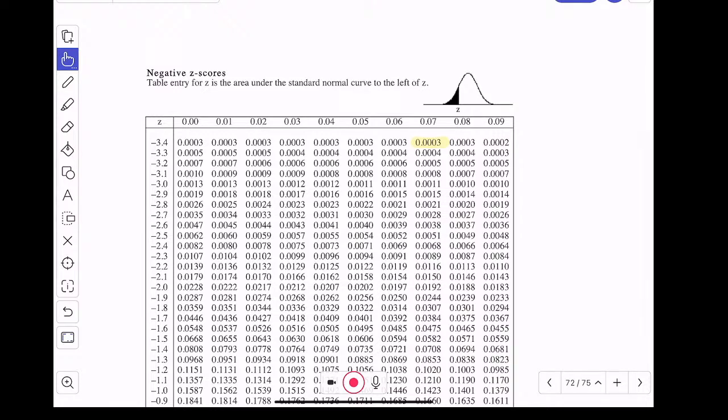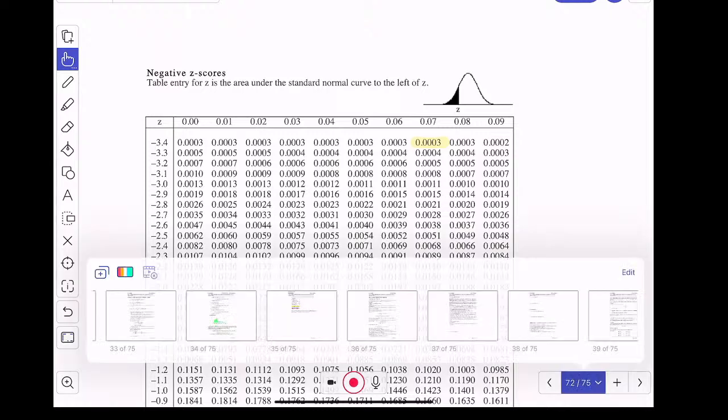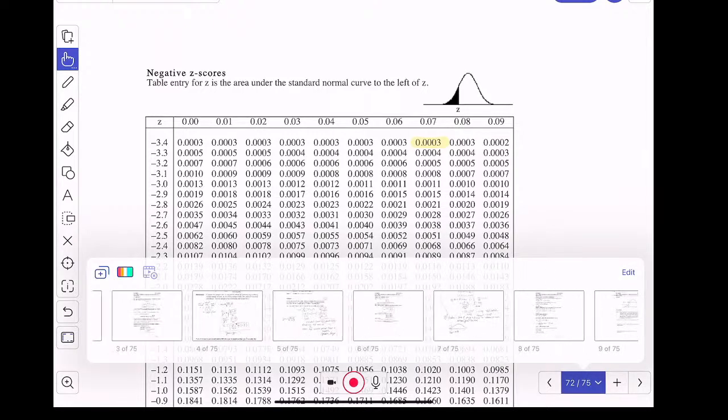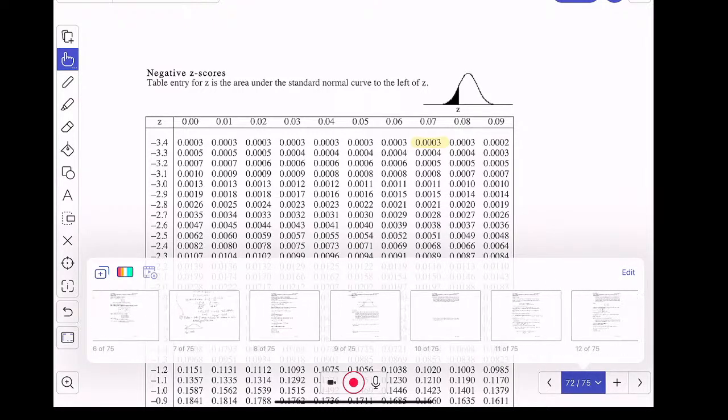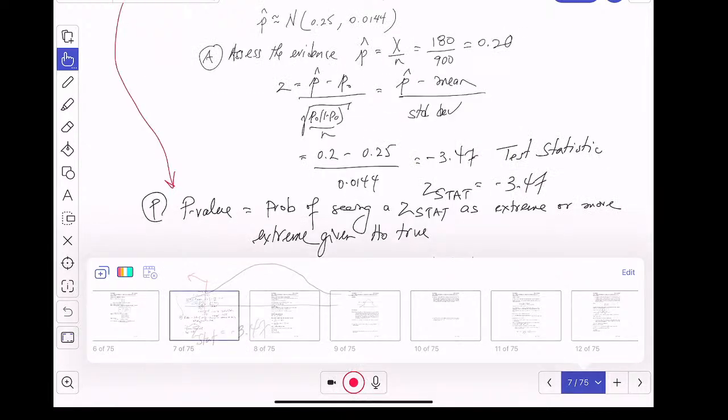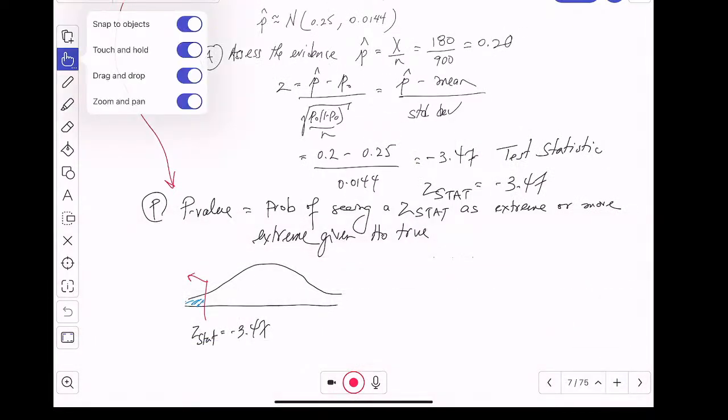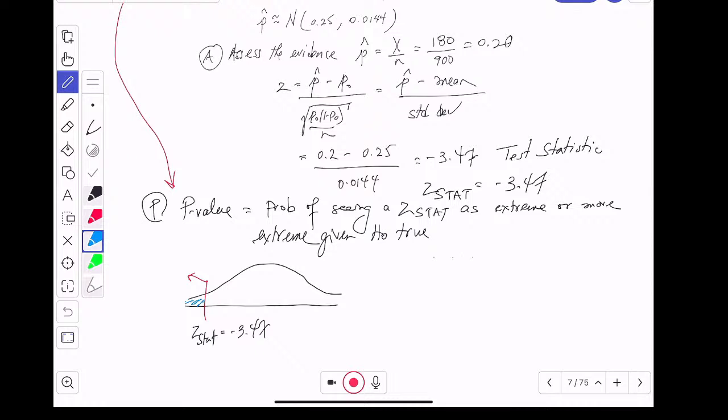Okay, thank you. All right, so let's take that value back. So we got that the chance of being out here is 0.0003 or 0.03%.